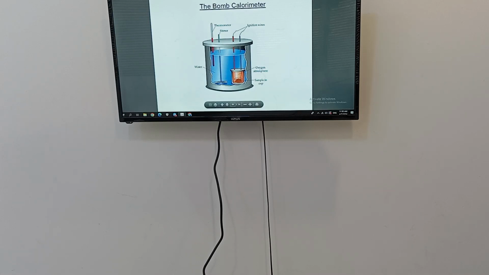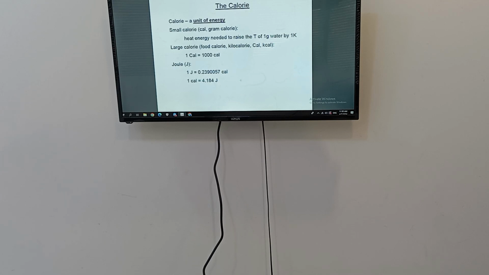So this apparatus is used to calculate the calories of any material, any food that is put in this sample cup. Okay. The calorie, of course, is a unit of energy. There is a small calorie and a large calorie.